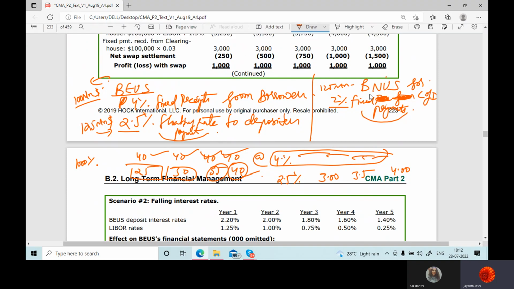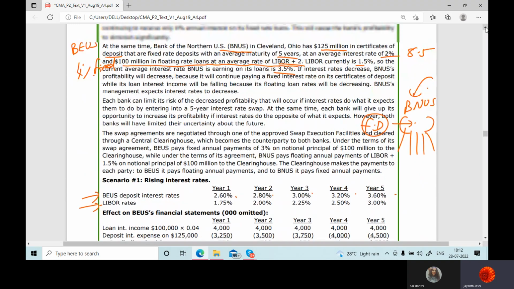So both are worried about their payments. Floating rate, they are worried that if the interest goes up, they have to make more and more payments. These guys have fixed payments. They are not worried right now. So we'll see the story now.